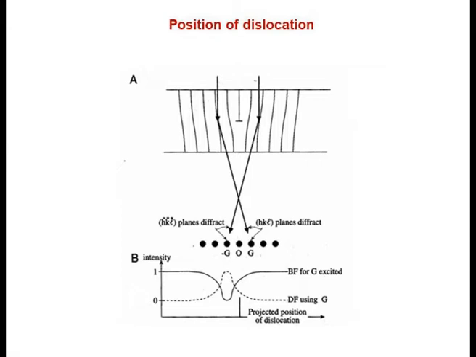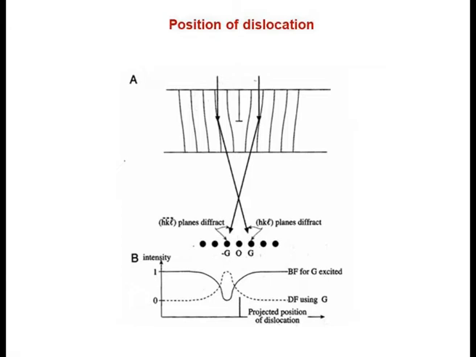But since this region is bent, some particular point on this dislocation will satisfy the exact Bragg condition. Because of that, in the diffracted beam there will be more intensity, and in the transmitted beam there will be less intensity. So if we image with the transmitted beam, these regions appear dark away from it, other regions appear bright.